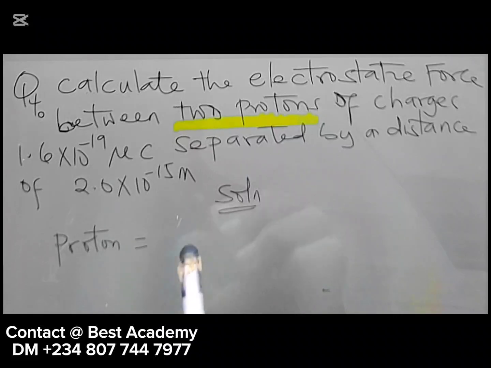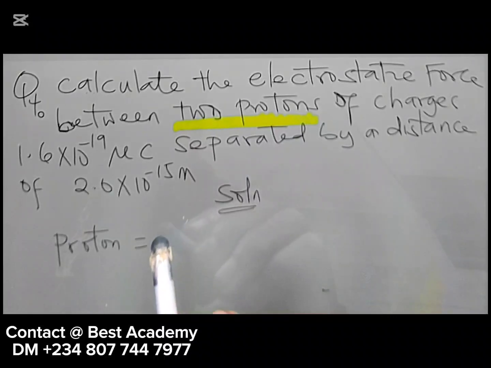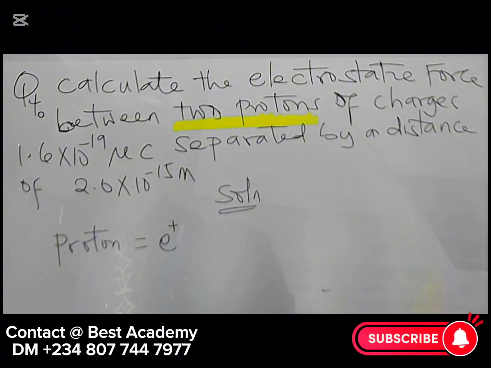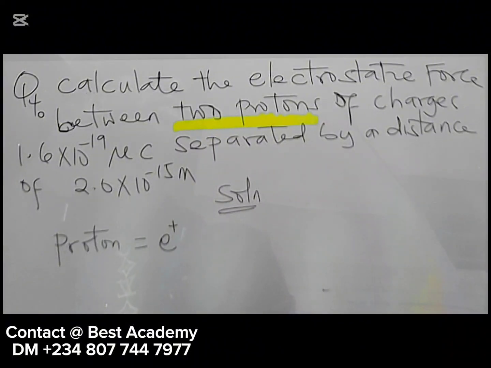So proton simply means charge, and it's said to be positive E. Whenever proton is mentioned, automatically the charge changes to E. So if it is a proton, the E is going to be positive E. If it is an electron, the E is going to be negative E.